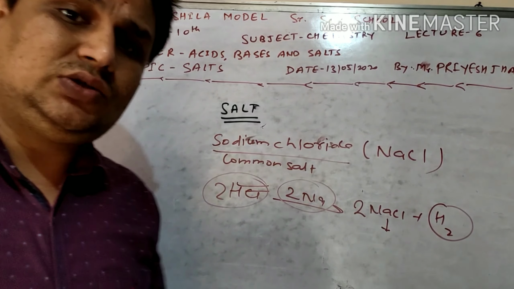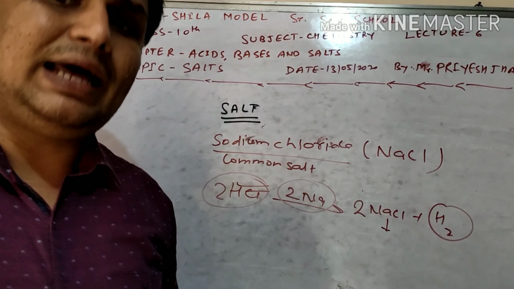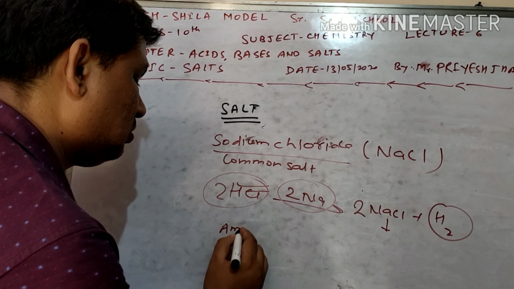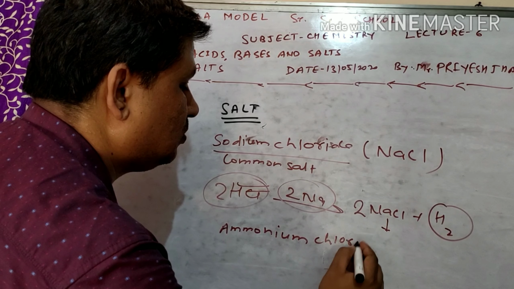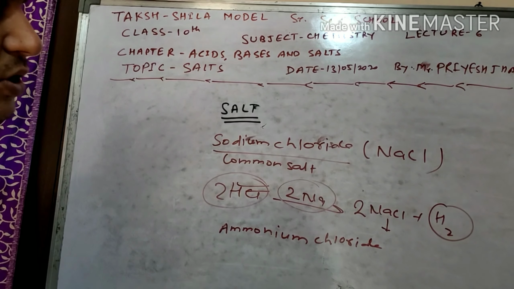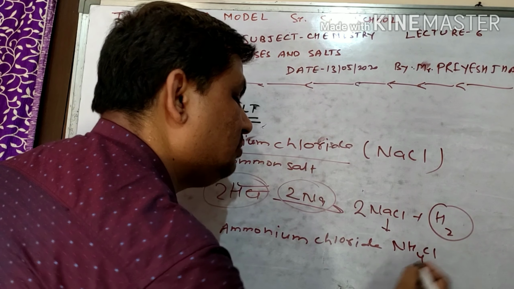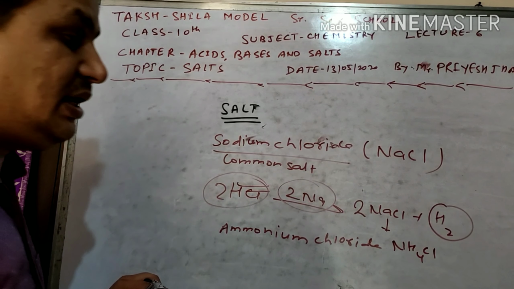There are some examples in which a metal does not replace the position of hydrogen. For example, ammonium chloride, which is also a salt having the formula NH4Cl.